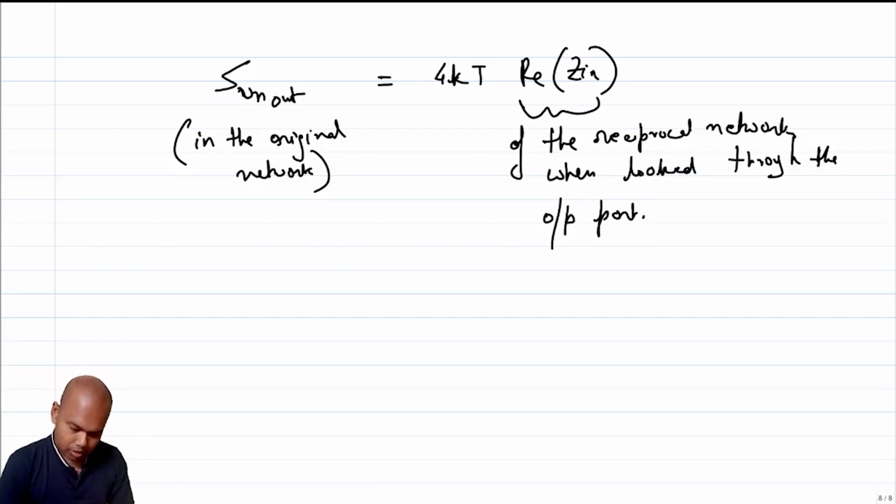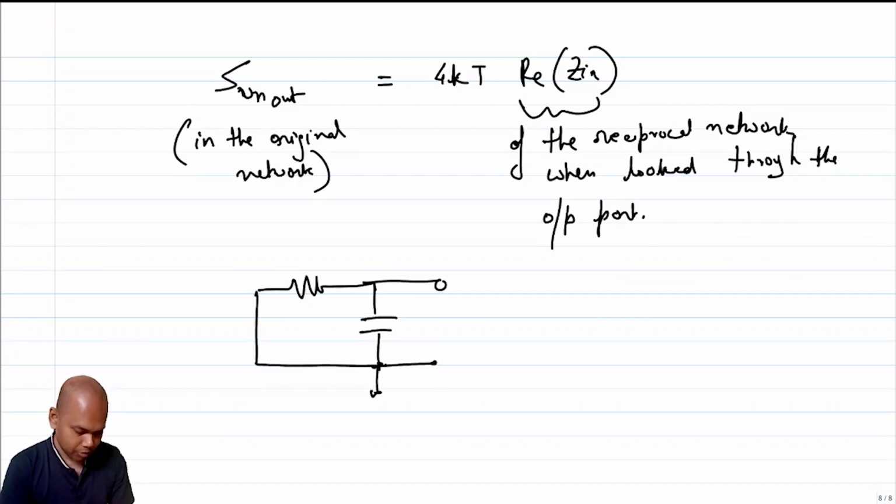Okay, so let's do a quick example. The example that we have already done, we can redo that. So let's say we have this resistor capacitor network. I want to find out the power spectral density across the capacitor, right? So what should I do? I need to find out Zin.